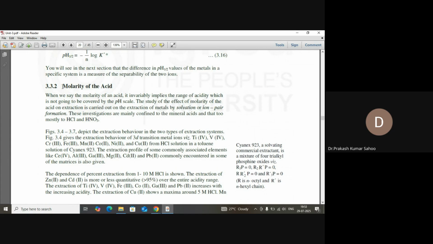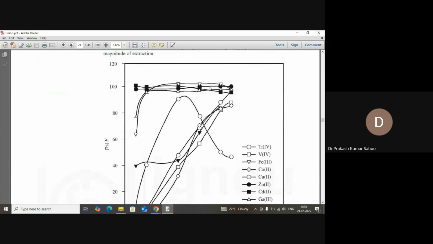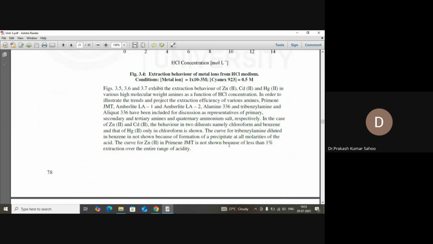Molarity is the number of moles of solute present in 1 liter of solution. Accordingly, when the molarity of acid is high, your pH will fall, and accordingly your reaction is carried out. So these are some graphs of mole per liter inverse and percentage of E plotted.